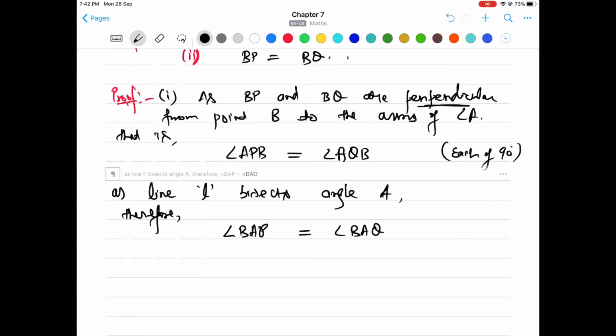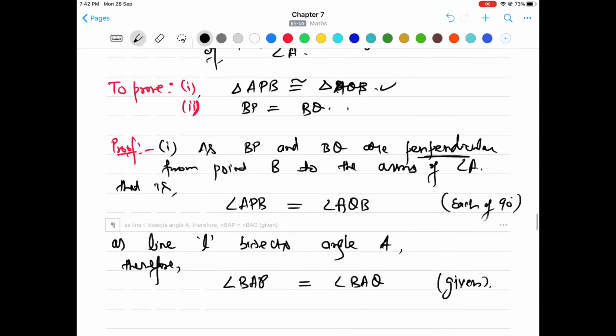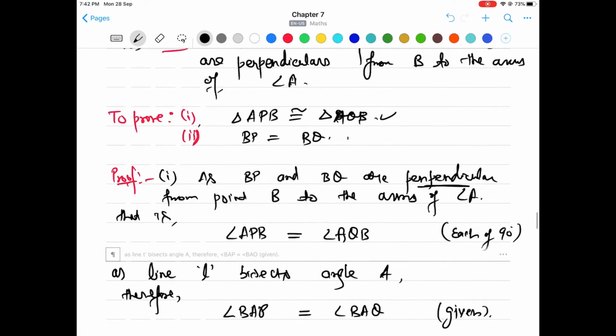Okay, they will be equal. This is also given because line L is bisecting the angle A. So we got these two angles.